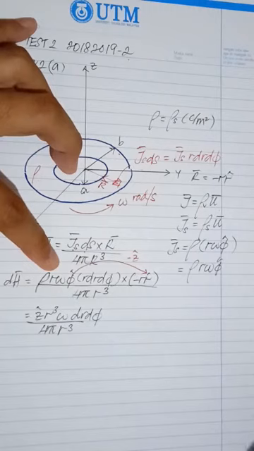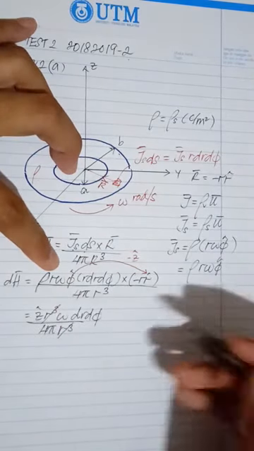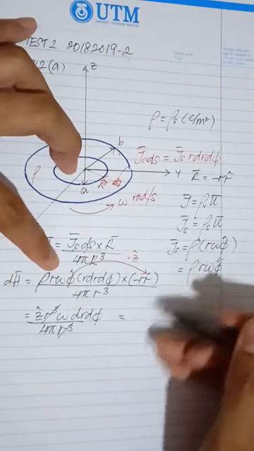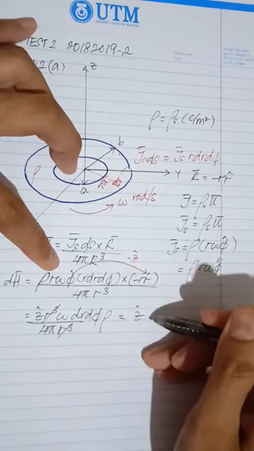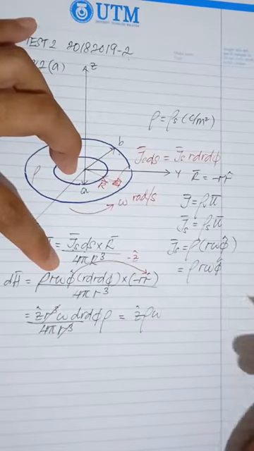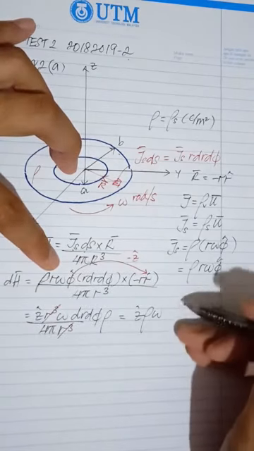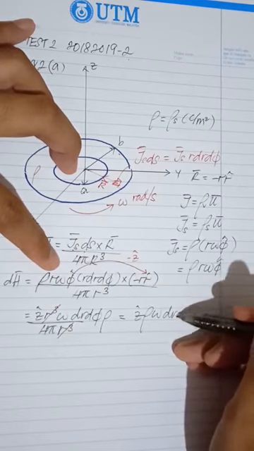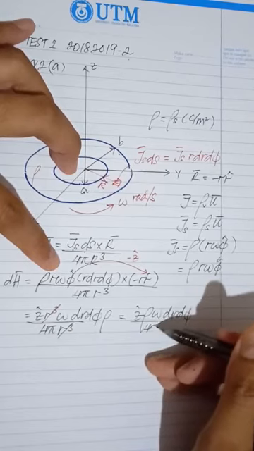Now we can simply delete this r cube because they are the same. So what is left, finally, is z rho omega dr d phi over 4 pi.